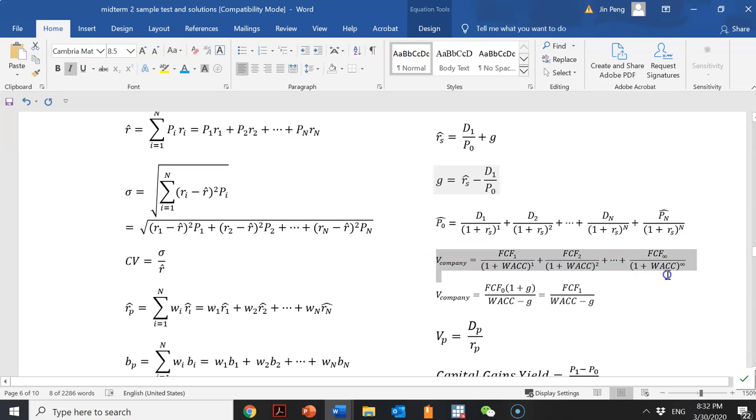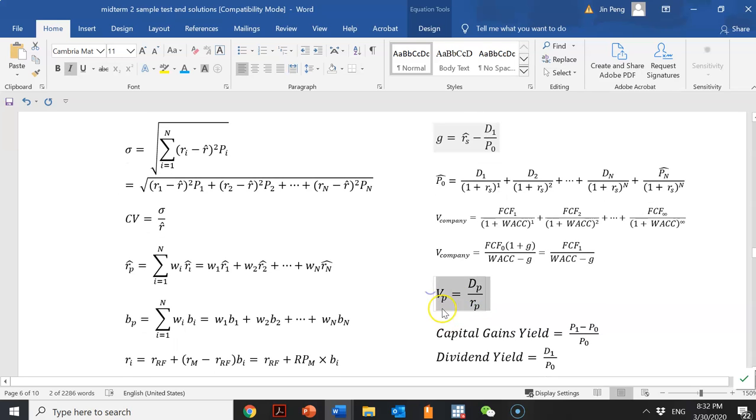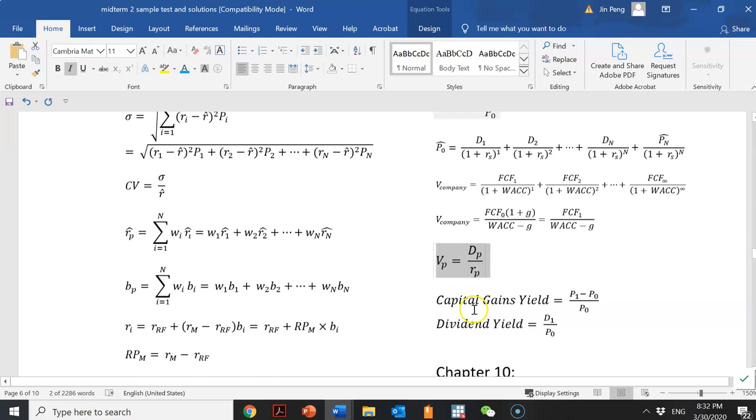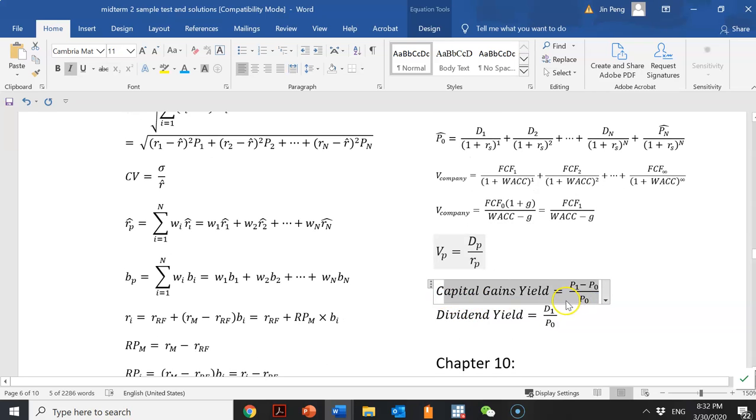Then we have the free cash flow model discounted to get the corporate valuation model. Constant growth version: free cash flow 1 over WACC minus g equals value of the firm. Value of preferred stock equals dividend over return of the preferred stock. Capital gains yield is g, or P1 minus P0 over P0. Dividend yield, D1 over P0, is also Rs minus g in the constant growth model setting.